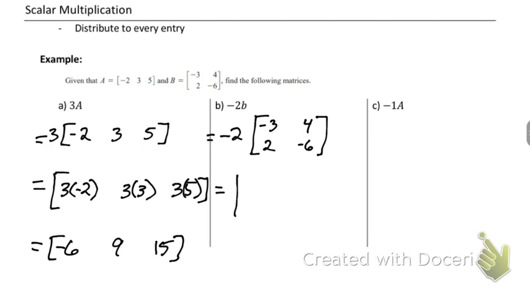Well, that's just me distributing it, basically, or scaling each one of those elements by a negative 2. So in the top left, I would have a negative 2 times a negative 3. Top right, negative 2 times a 4. Bottom left, negative 2 times a 2. And finally, negative 2 times a negative 6.